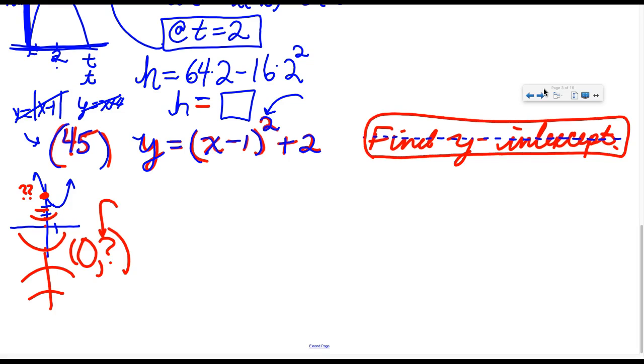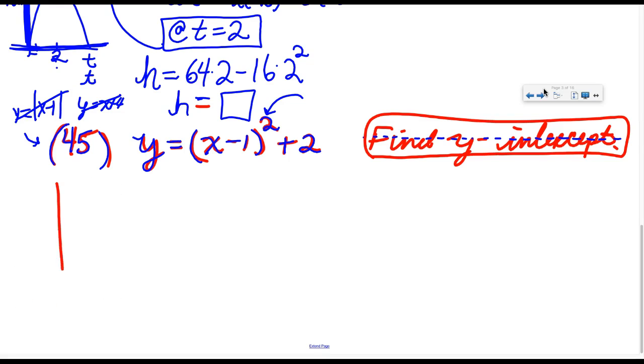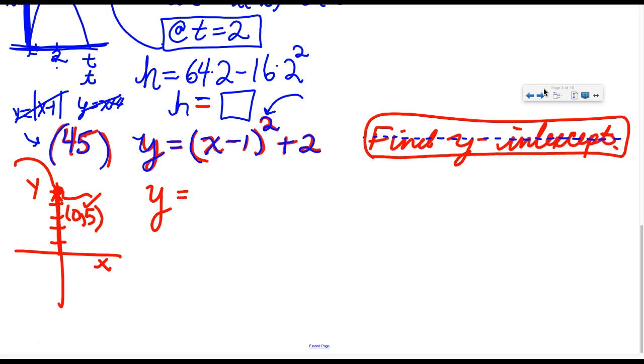So I'm going to repeat that. The y-intercept is where it hits the y-axis. When anything hits the y-axis, no matter what it is, its x-coordinate is 0. So this is 0 over, 5 up, so I'd call 5 the y-intercept. So to find it, I want to know the y value when x is equal to 0.